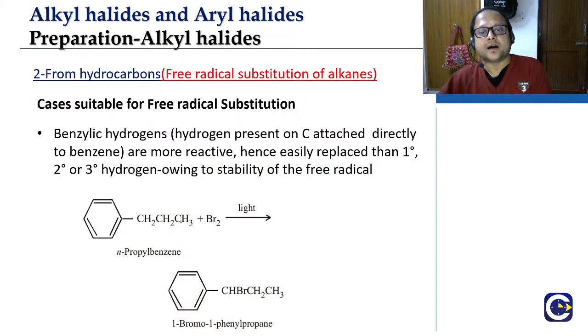So whenever you react any such compound with bromine or chlorine for that matter, you'll always get it at the benzylic part exclusively, right? I'll give you one question, you try to solve it, and we may discuss this towards the end of the lesson.